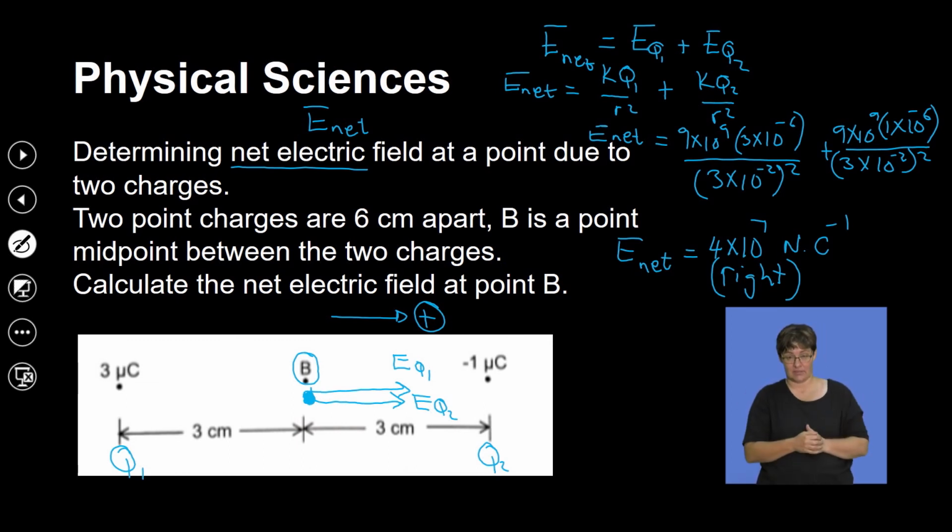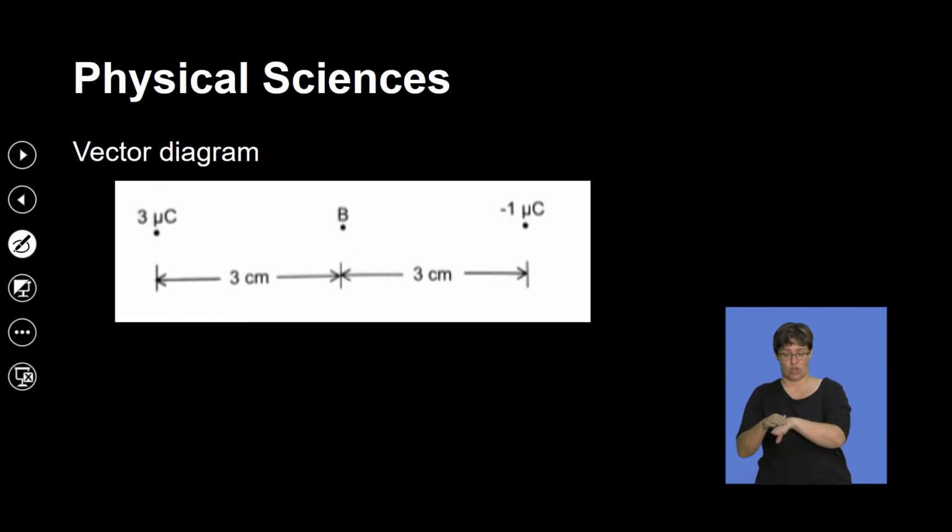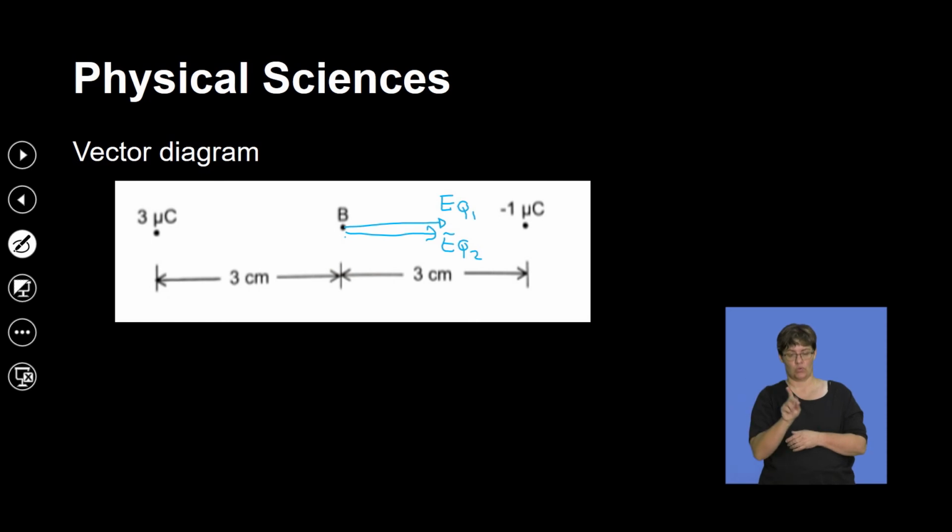Just to go over it, we need to use the vector diagram because we've emphasized the vector nature of E at a point due to more than 1 charge. And here is the vector diagram that I was talking about. We managed to come up with E due to Q1, that's the signs, and then E due to Q2. They're in the same direction.